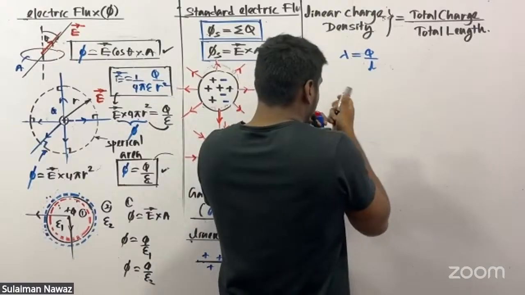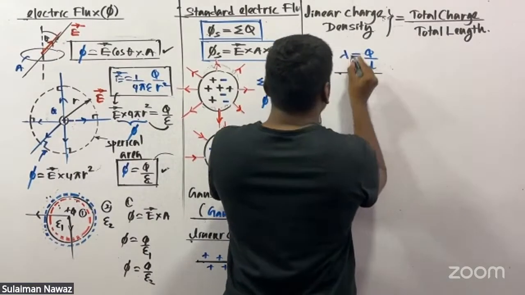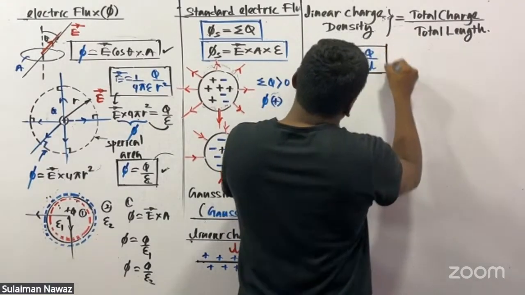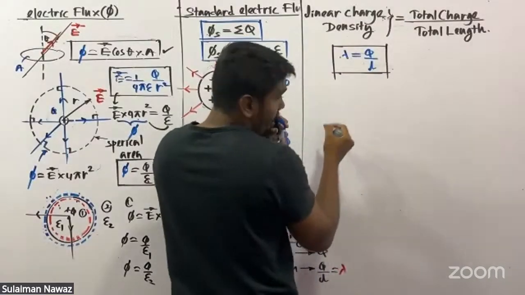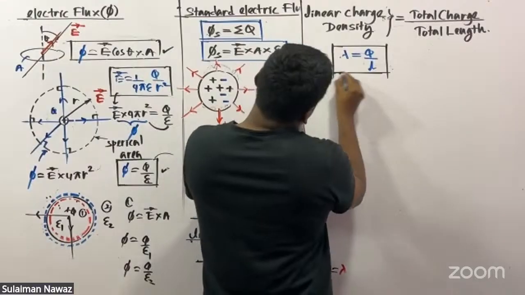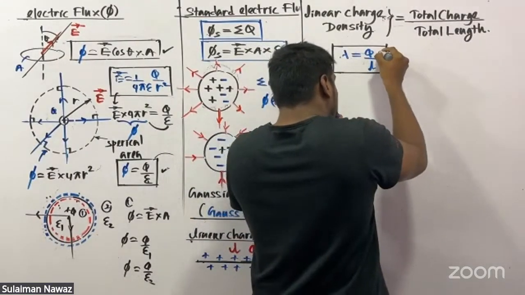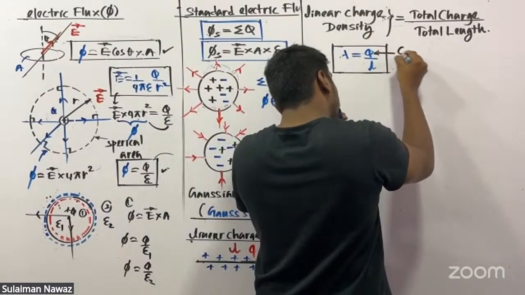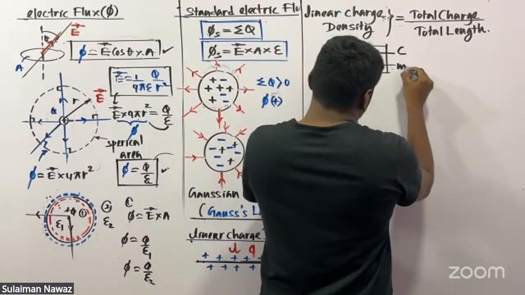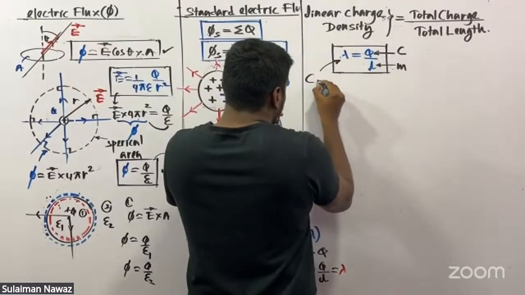Shall we find the units of linear charge density? The units. Then we all know that charge is measured in coulombs, capital C, and length is measured in meters, simple m. The unit of linear charge density is going to be coulombs per meter.